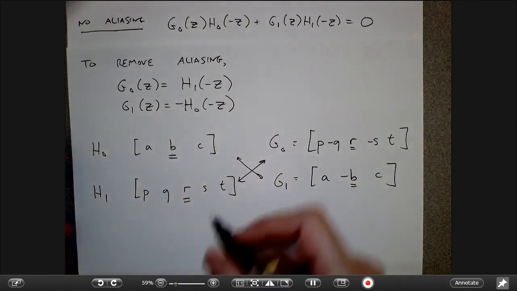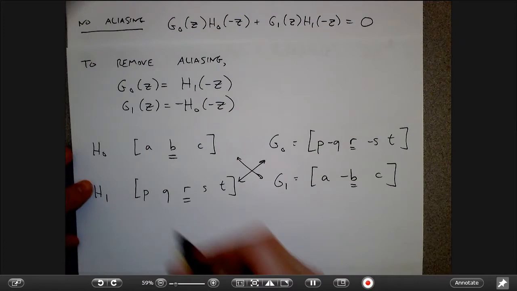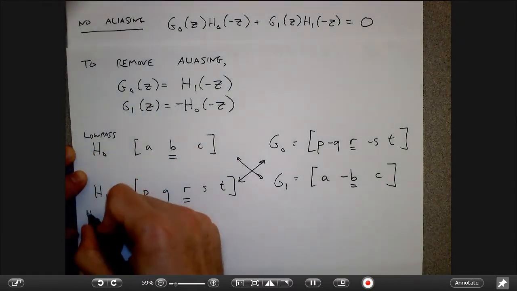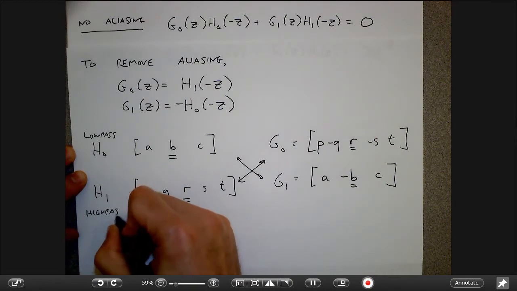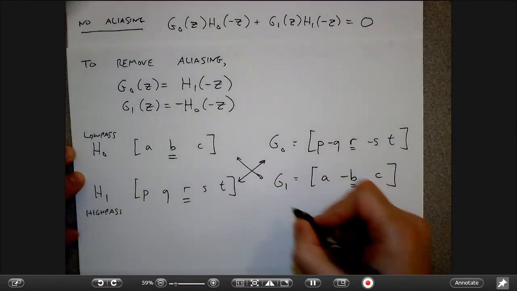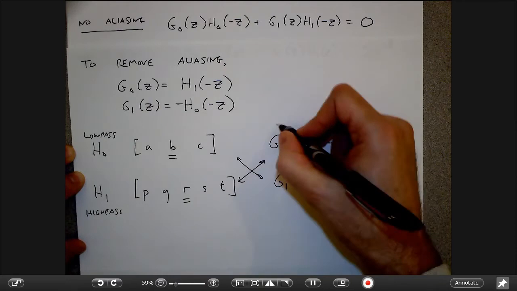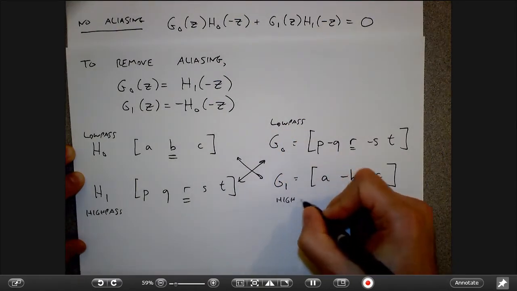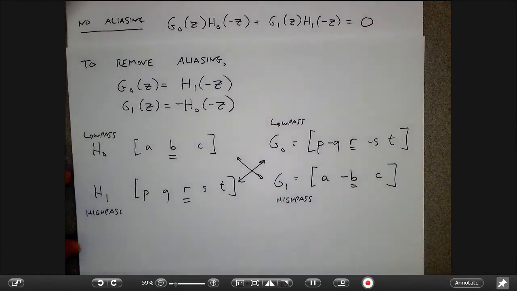And you can show that if this is low pass and this is high pass, which is something that we're going to want in a second, then this is also low pass and this is also high pass. You can show this by writing out the Z transforms.